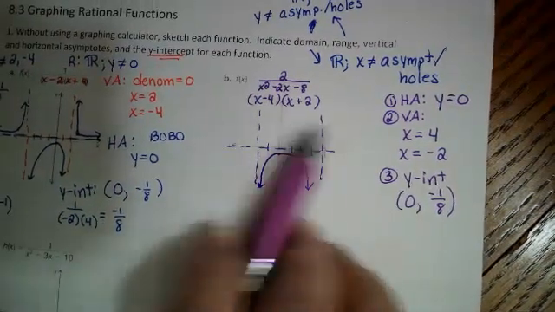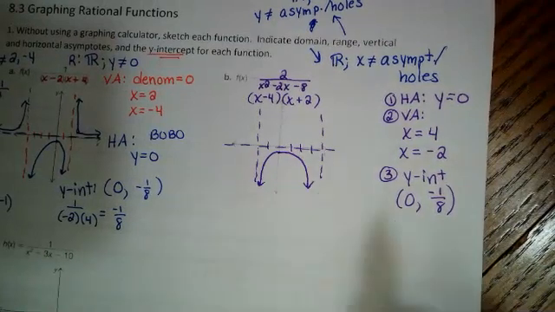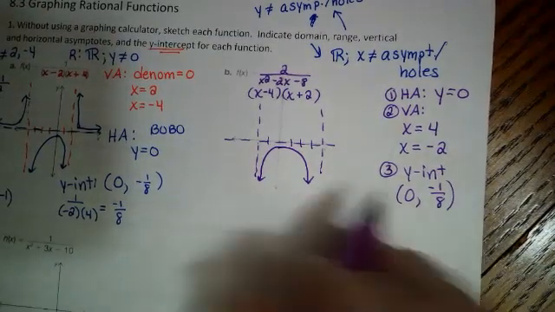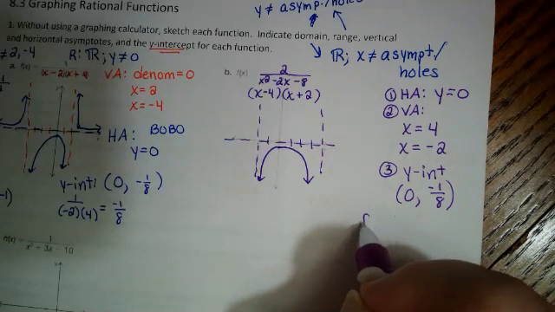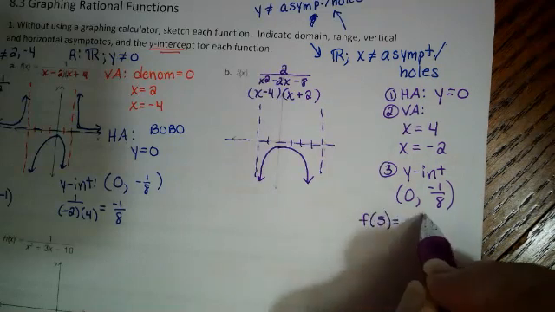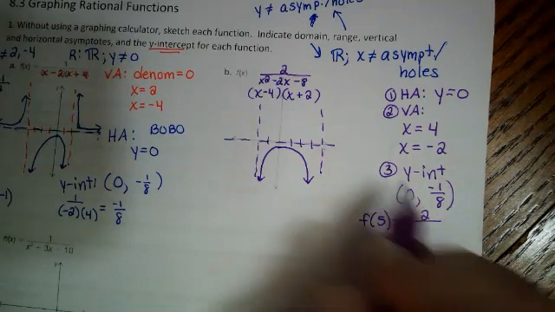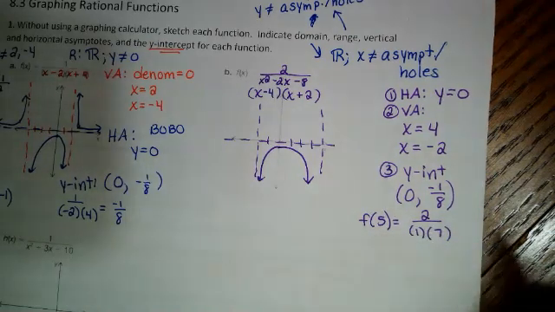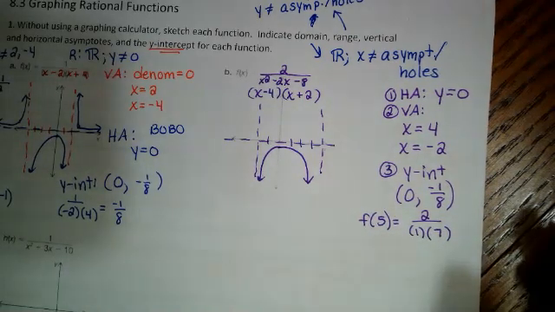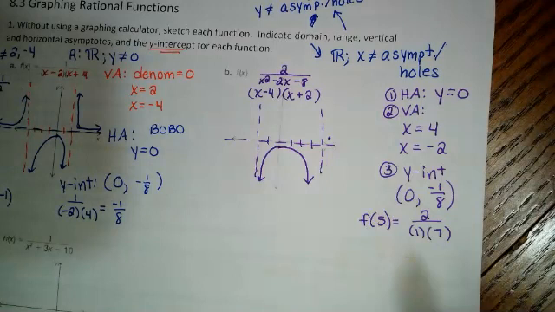And now my 2 branches on the top, we can just plug something in. Let's say we plugged in 5. So f of 5 would equal 2 over 5 minus 4 and 5 plus 2. Looks like 2 over 7 here.